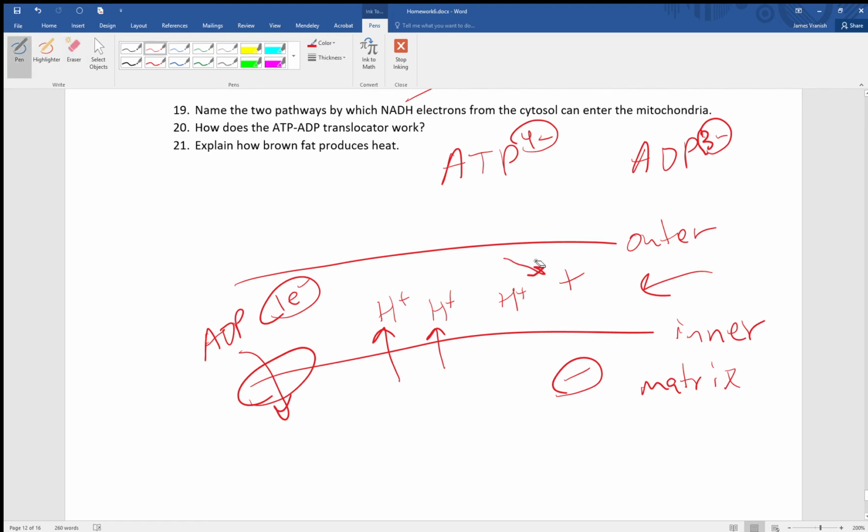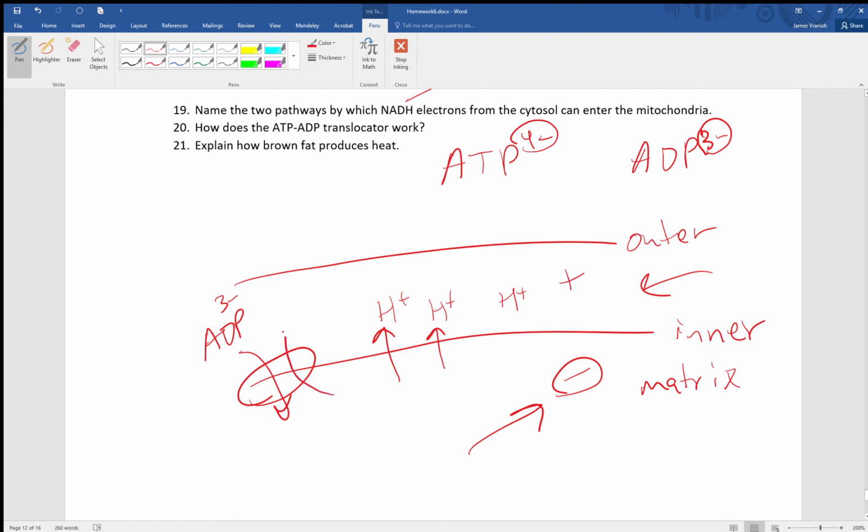All right, another way you can think of it is that the movement of ADP into the mitochondrial matrix is pretty unfavorable because ADP has this charge of 3 minus and it's going into a region that's negatively charged here. So that is a very unfavorable transport for ADP to be able to enter.